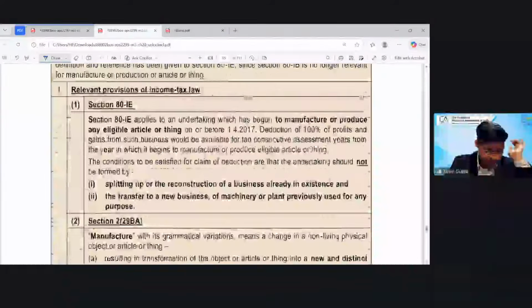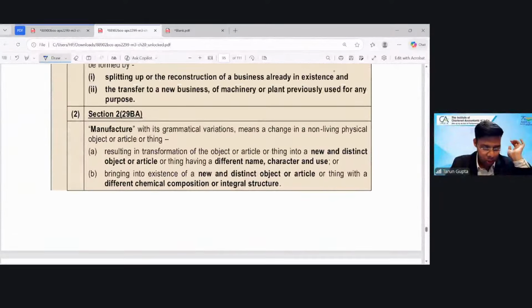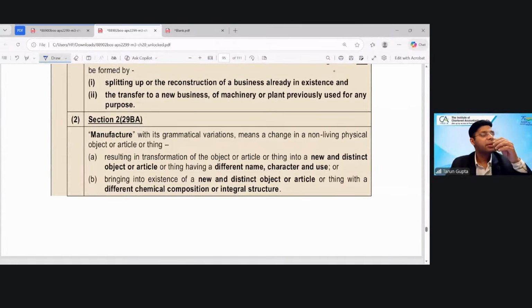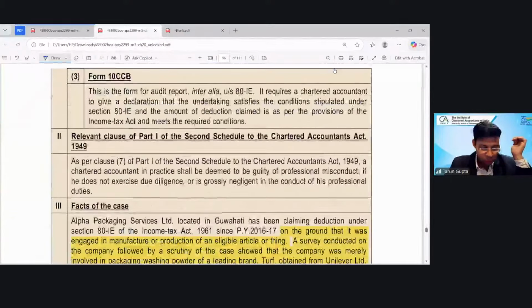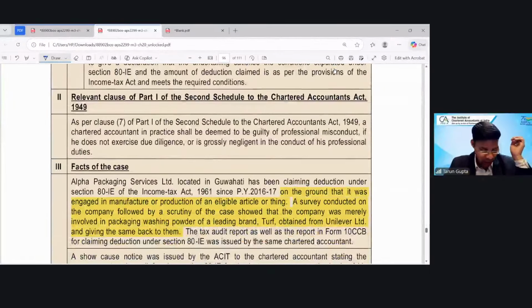Case study 4. In this case, the CA gives a certificate that the assessee is eligible for deduction under section 80IE, though the assessee was not doing any manufacturing and was only packaging the goods.